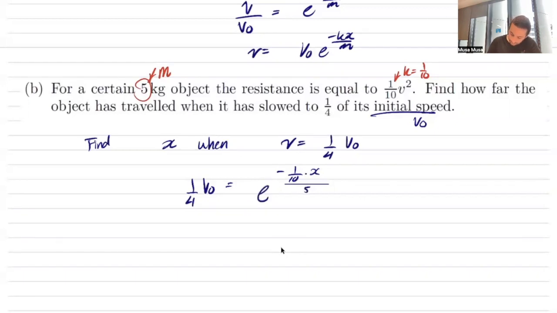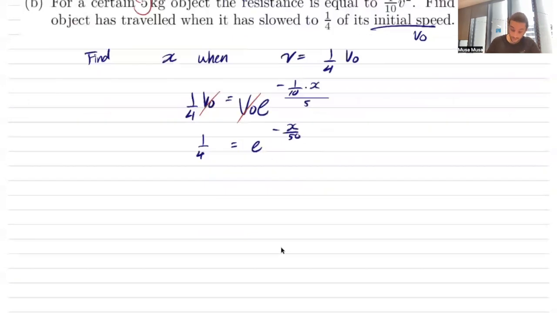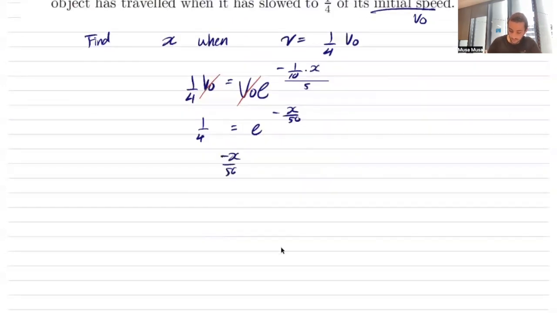Of course the v naught cancel. Quarter equals e to the power of minus x on 50. Taking ln of both sides, we get minus x on 50 equals ln of a quarter. And then x equals negative 50 ln of a quarter, which using index laws is 50 ln 4.